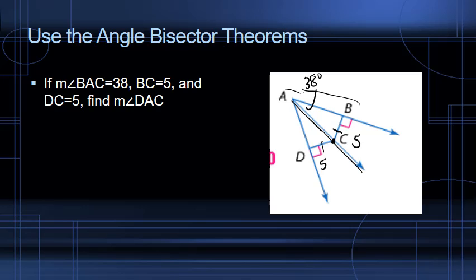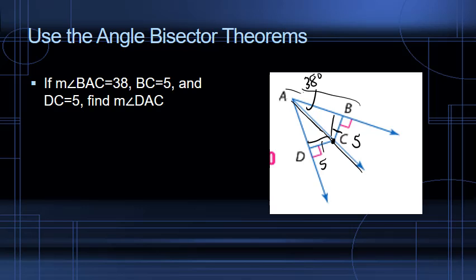Well, this point from here to here is 5, and from here to here is 5. In other words, CD and CB both are 5, then it is on the bisector of the angle.